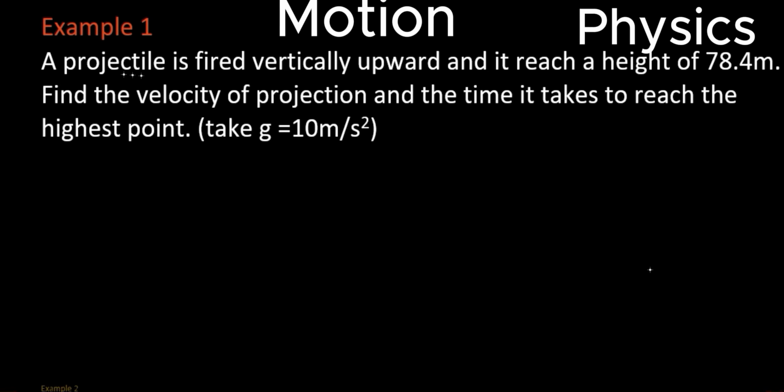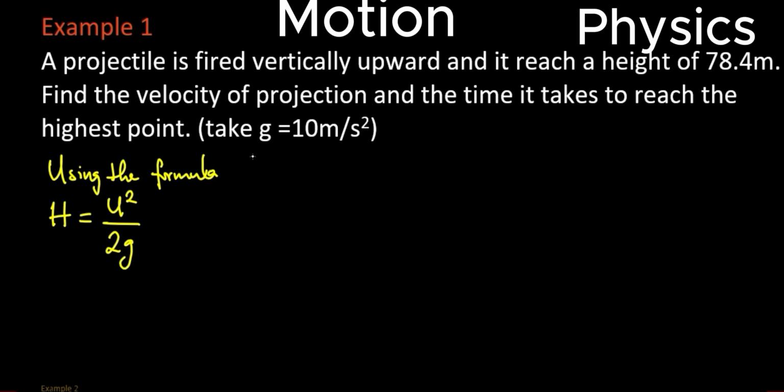Example 1. A projectile is fired vertically upward and it reaches a height of 78.4 meters. Find the velocity of projection and the time it takes to reach the highest point. Of course, if a projectile is fired vertically upward, we have derived the formula to get the velocity of projection, which is u in this case.